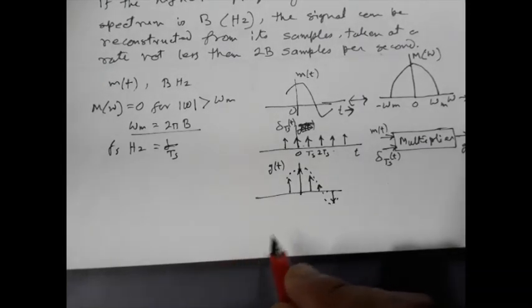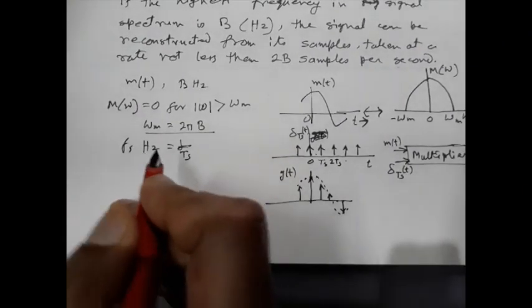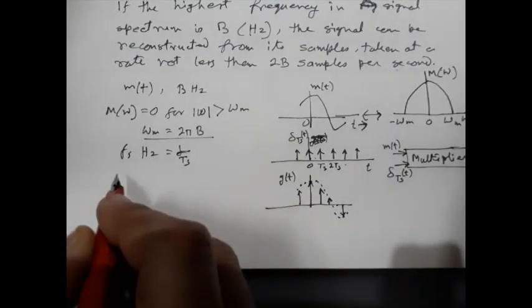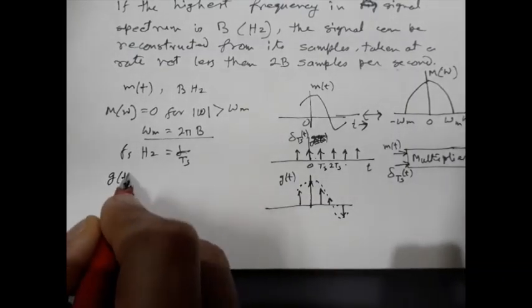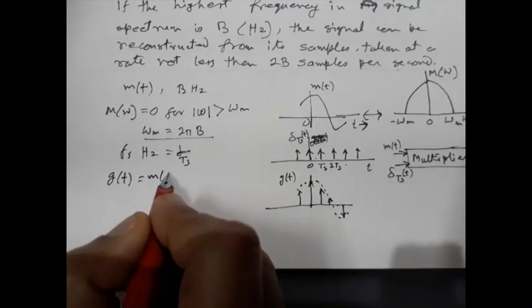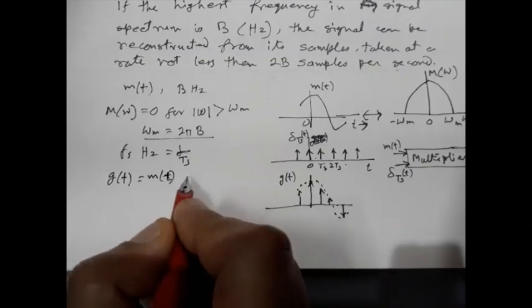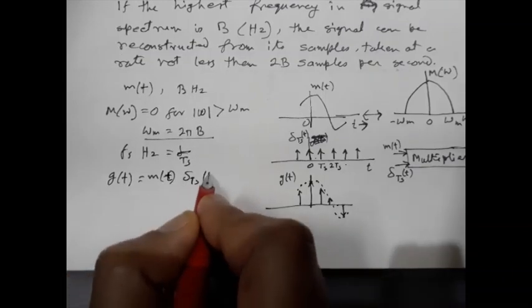The resulting signal g(t) can be written as g(t) equal to m(t) into delta Ts.